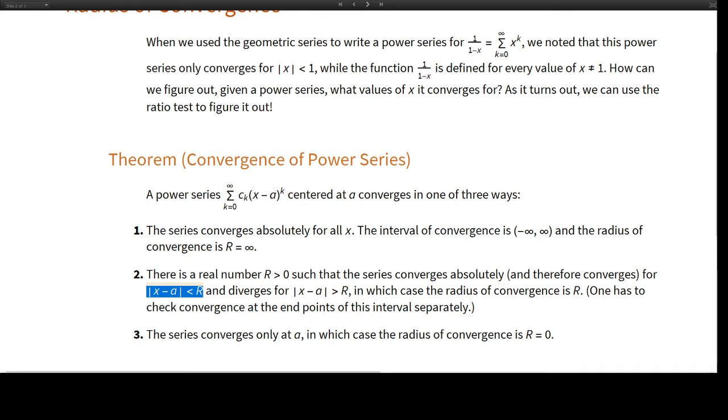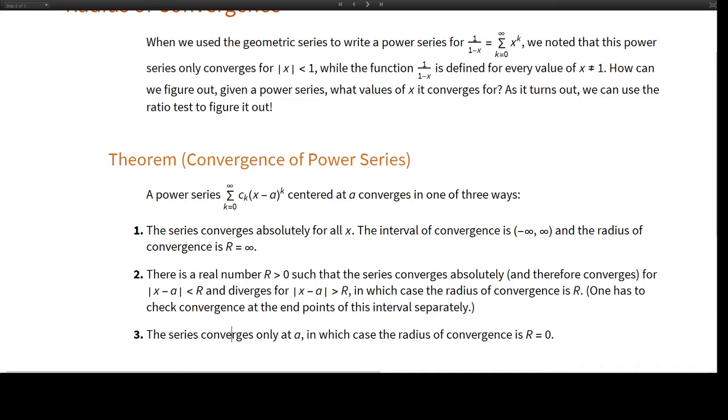Now the question is, what goes on at the endpoints? Remember we talked about the alternating series test, integral test, all that good stuff. We do that because that's how we test the endpoints here. We can't fold that into this; we have to test the endpoints independently. And the other thing that can happen is you have a radius of convergence 0, which means that the power series converges only at the center.